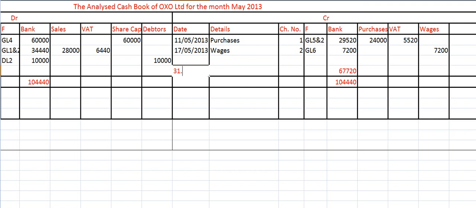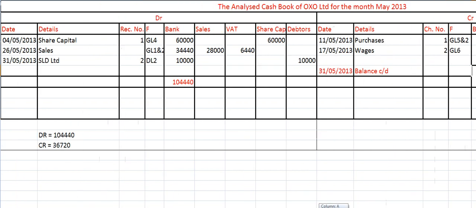So the 31st of the 5th, 2013, the balance, and you say CD for carried down, you're going to carry it down to next month, is 67,720 above the line on the credit, to below the line on the debit. So the first of the next month, which is June 2013, balance BD, and that is 67,720. Okay. You also must just put the totals for each analysis column.